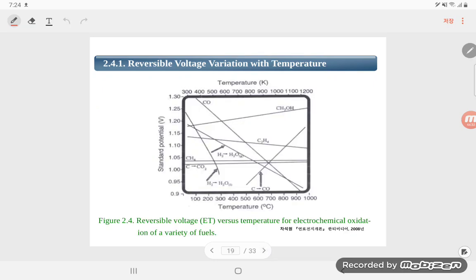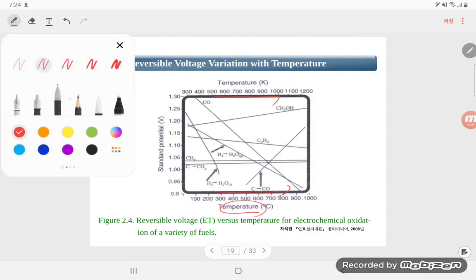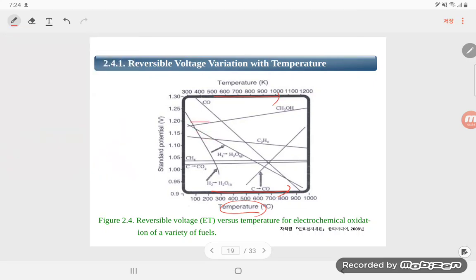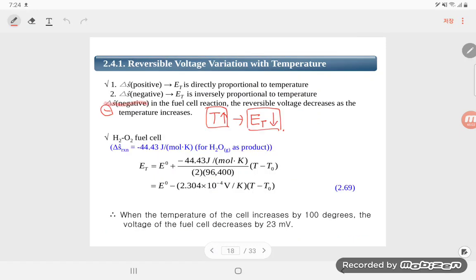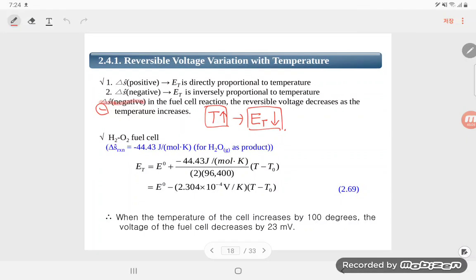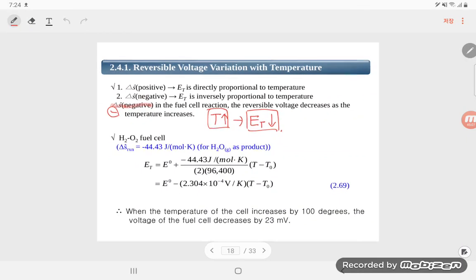So in the textbook, this is the table, and if we increase the temperature, then the standard potential gets this value and this value too. The potential is linearly decreased. Let's calculate the amount of decrease.